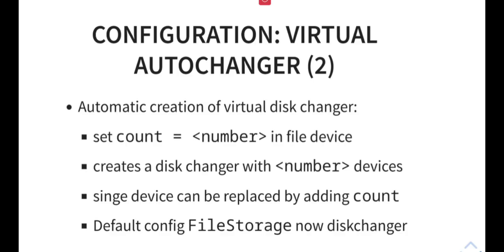The nice thing about this is that it's very easy to set up a virtual auto changer with as many virtual disk devices as you want, just by setting a number in the device. And it is also very handy because you can simply replace an old single device with a new multi-changer without changing anything but the number of sub-devices you want to create, because even the file device name stays the same.